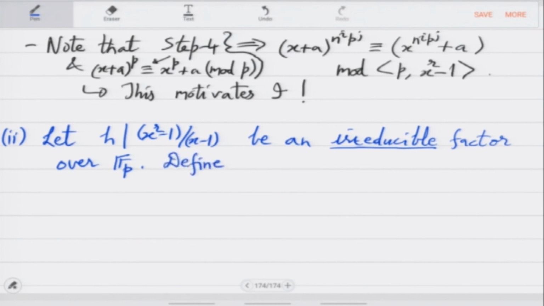Now define J to be the group generated by all these x + a's that we tested for.